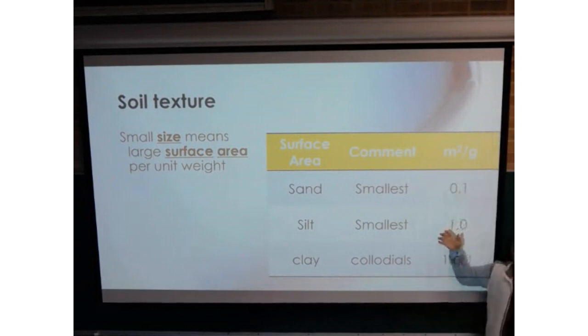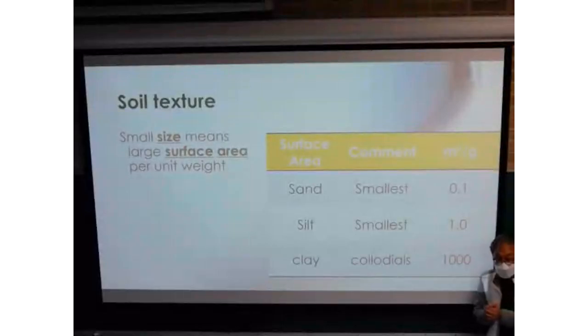Surface area: large surface area holds many nutrients. Small surface area has what? Small amounts of nutrients. And people think, oh, small particle size has a small surface area, and it's going to keep small amounts of nutrients. Yes, you're right if you think about one particle. However, we're going to think about 1 gram.